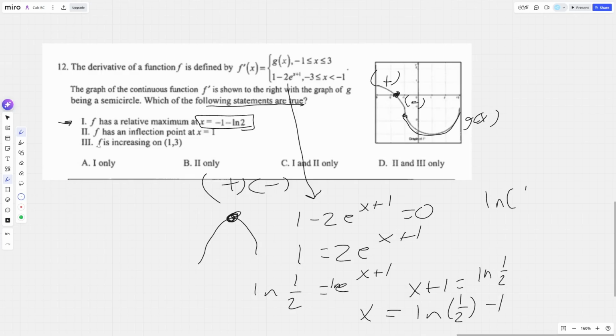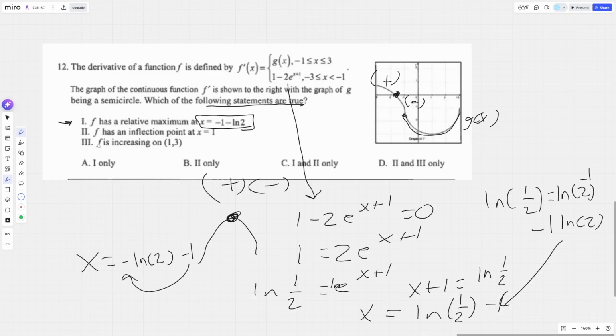Natural log of 1/2 is equal to the natural log of 2 to the power of negative 1, so that would be negative 1 times natural log of 2. And plugging that back in, you have x is equal to negative natural log of 2 minus 1. Or if you put the negative 1 in front, you get the same x value for number 1. So this is true.